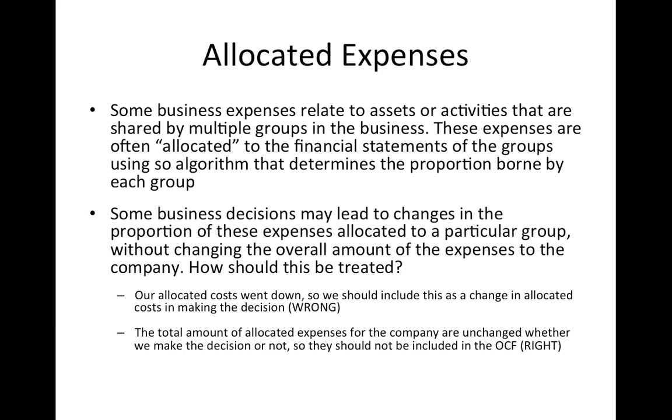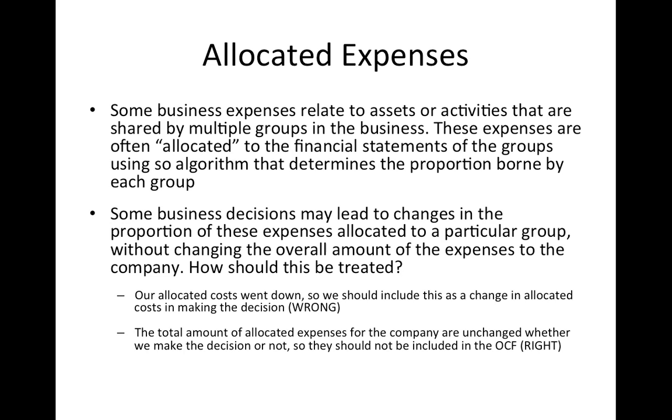Then you figure out what would happen if you took this particular business decision or pursued this opportunity, and you figure out the shared expenses, and they're the exact same amount. Then when you do new minus old for that part of it, it's going to come up to zero. And so you really didn't change the expenses at all. So you just shouldn't consider them at all in making the decision.